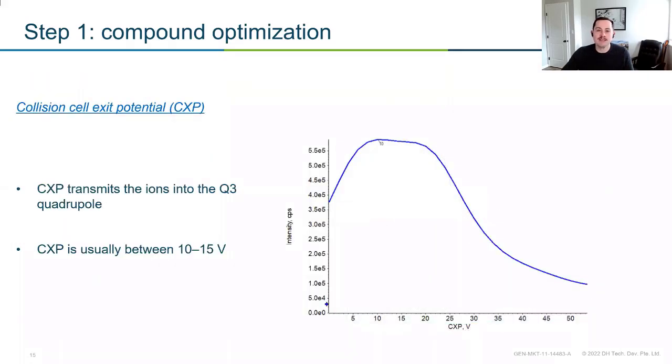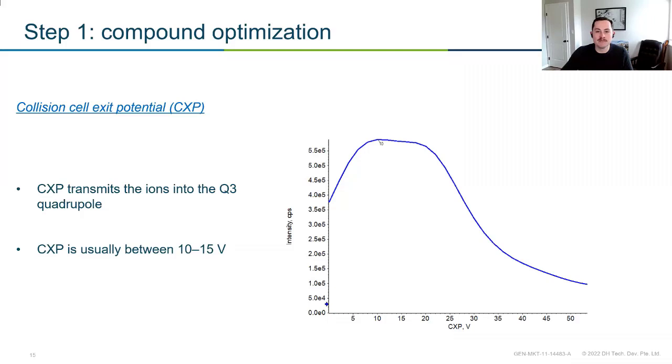And finally, last but not least, our collision cell exit potential. So this is, remember, that value that we need for Q3. And the one thing about this is if we consider all the intensity that you could gain in terms of compound optimization, collision energy and declustering potential are going to account for 95%-ish of the intensity on the table compared to CXP, which is a pretty small amount.